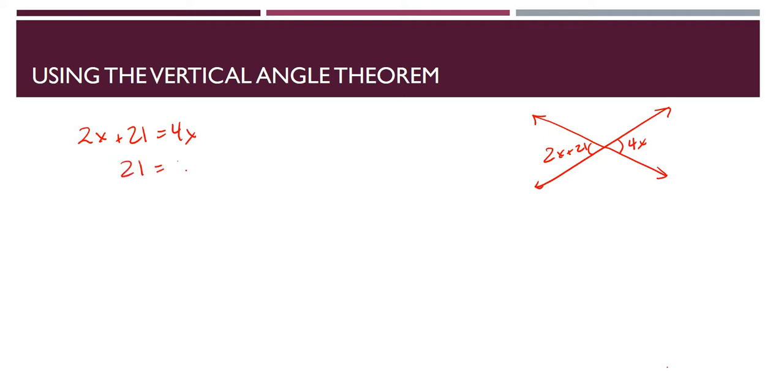Subtract 2x from both sides, and x equals 21 halves. So I can solve for x pretty quickly by the fact that I know that these two angles have to equal each other because they are vertical angles. And I don't have to prove it, I can just use that information.